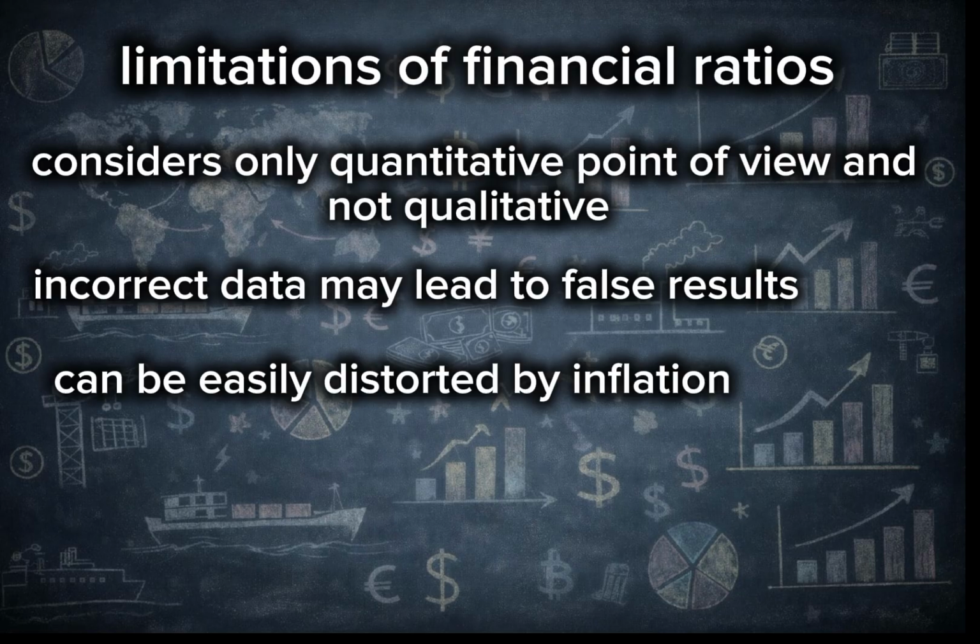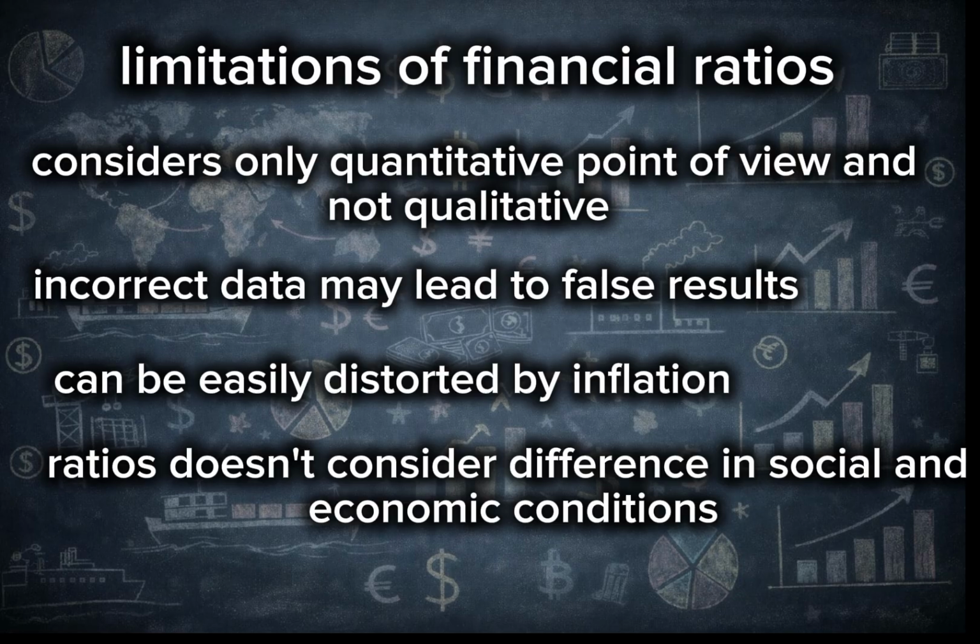Inflation in the economy can easily distort the ratio figures, can easily distort the result you have calculated. This means that it does not consider social and economic conditions that may affect the company, that other similar companies may not be facing in their own environment.